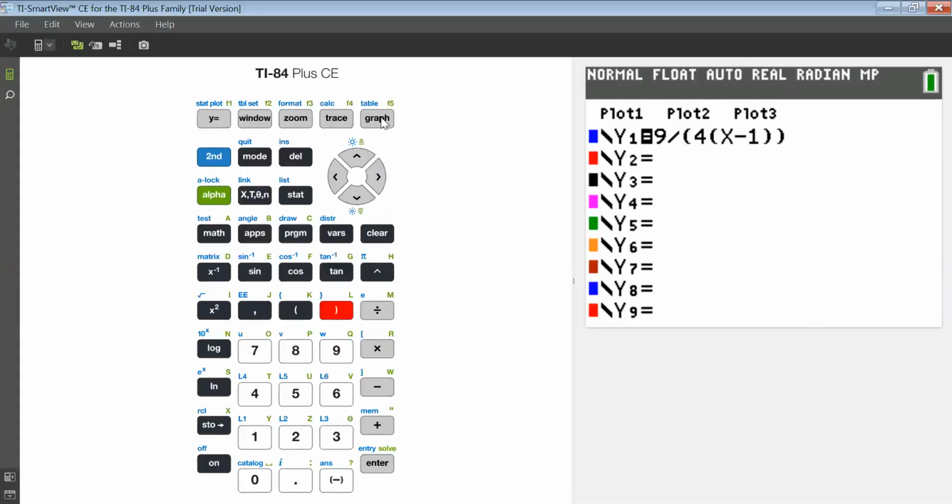I believe that simplified to 2 because I had 10 and 45 tenths, so that would be a 2.